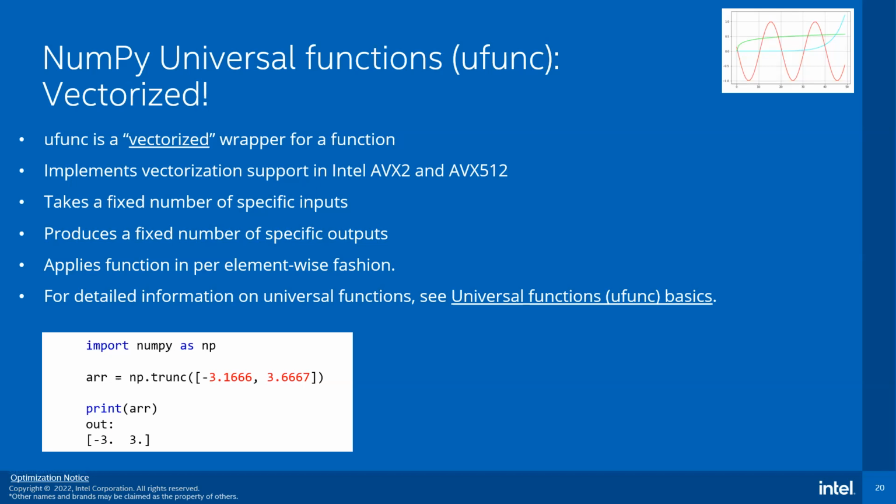A lot of times that's what I mean by vectorized in this context: it includes the goodness that comes from just having contiguous memory and high-level optimizations in addition to those SIMD kinds of things.